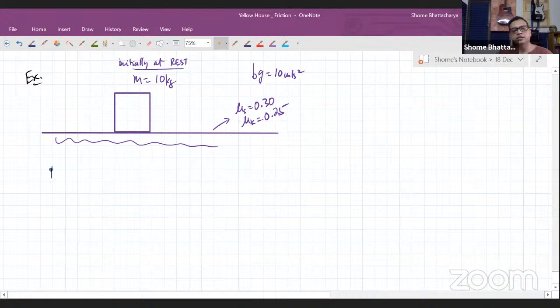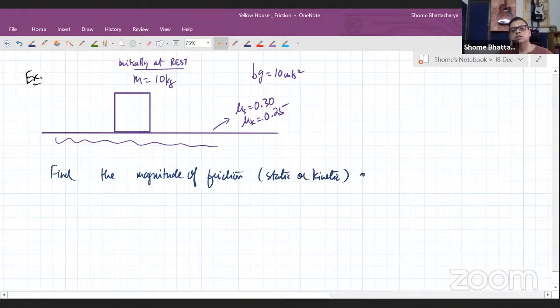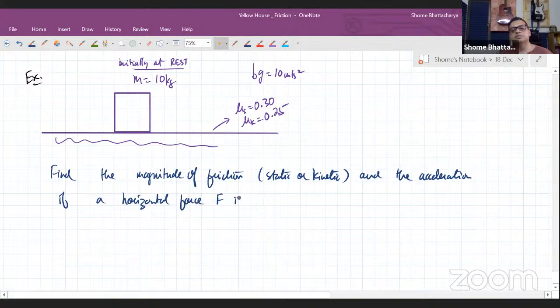So we have to find the magnitude of friction, whether it is static or kinetic, and the acceleration of the block if a horizontal force F is applied.